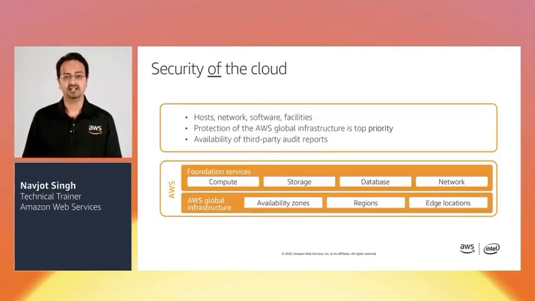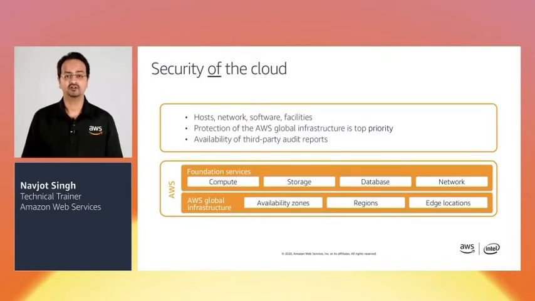Examining the AWS cloud, you will see that the same security isolations are employed as you would be able to find in a traditional data center. These include physical data center security, separation of the network, isolation of the server hardware, and isolation of the storage.